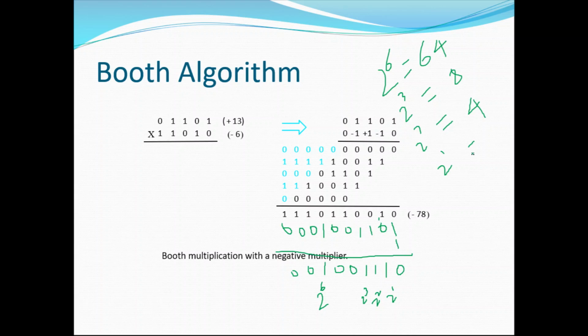So add all these things. 8 plus 2, 10. 10 plus 4, 14. 64 plus 14 is 78. And we know that it's a negative number and it is in 2's complement, so the minus sign comes. So this is how Booth's algorithm works for negative numbers, right?